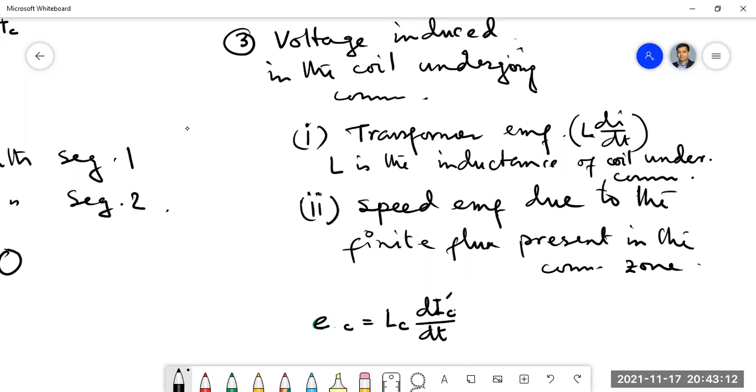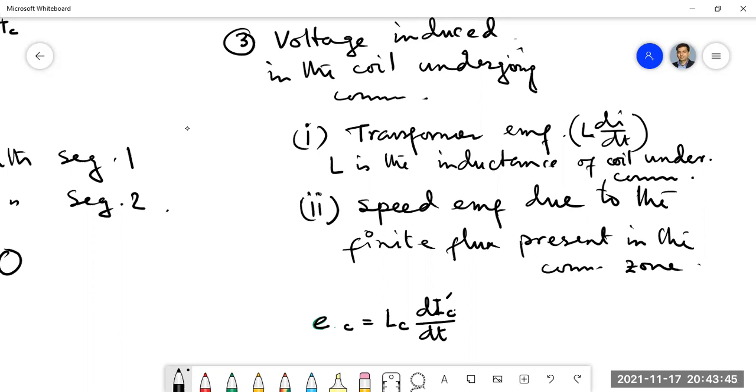Initially just take linear commutation and consider the effect of the inductance, because if you take both together, it will be confusing. When you are considering LC, you don't consider the other two. So you take a pure linear case and then you consider LC. If there is some inductance in the coil, then what will happen?